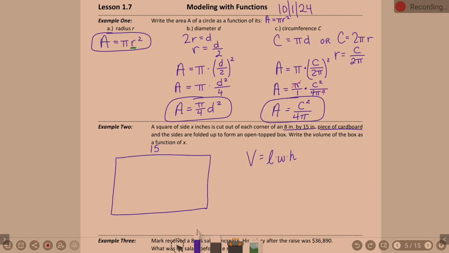It is 15 inches across the top, 18 inches on the side. Then, a square of side x inches is cut out of each corner.